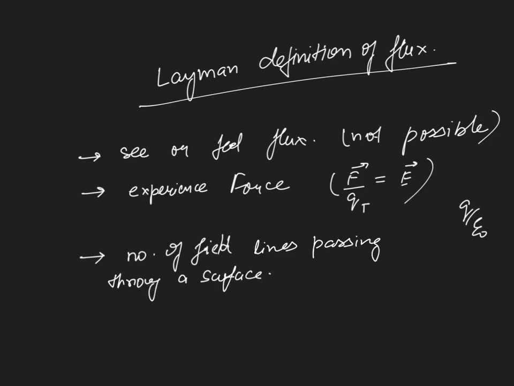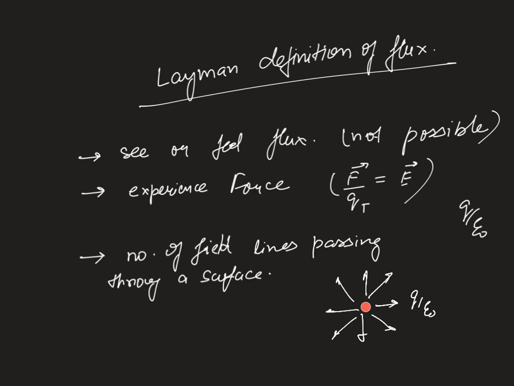It's a very stupid definition, the number of field lines passing through a surface, and I'll tell you why it is a stupid definition. I have a charge Q, and we know that the total flux of this charge Q is Q by epsilon naught. So the total flux is Q by epsilon naught, and you can draw 4 lines coming out of it, you can draw 6 lines coming out of it, or 7 or 8.